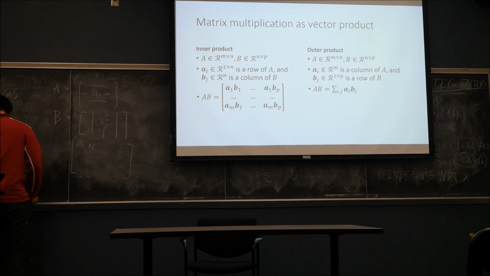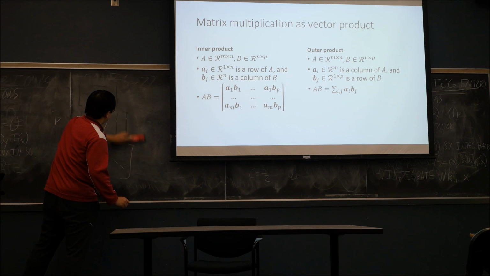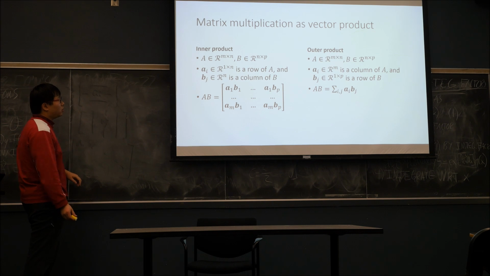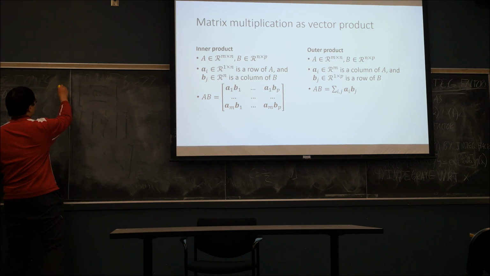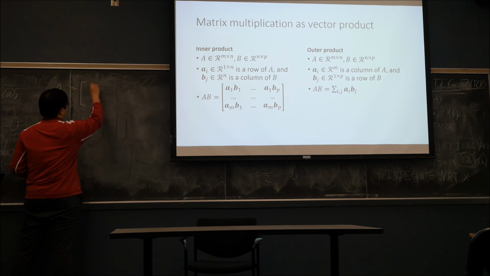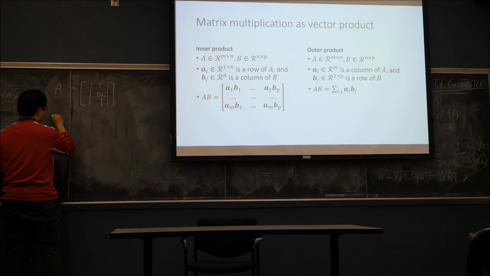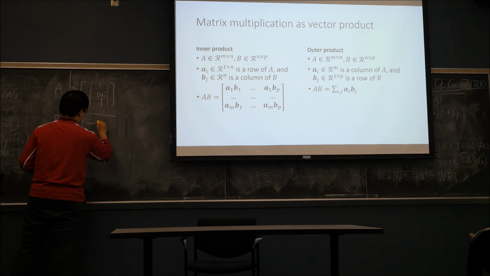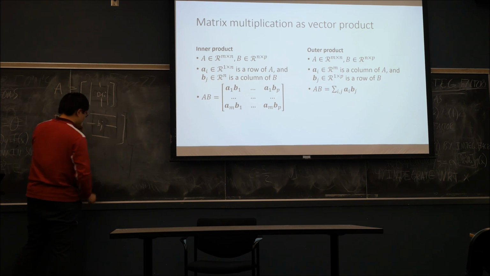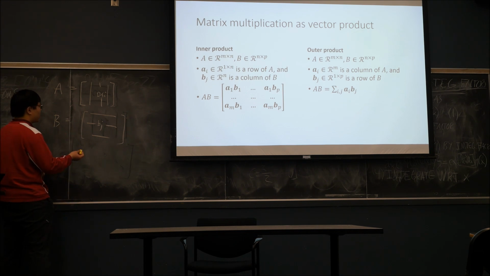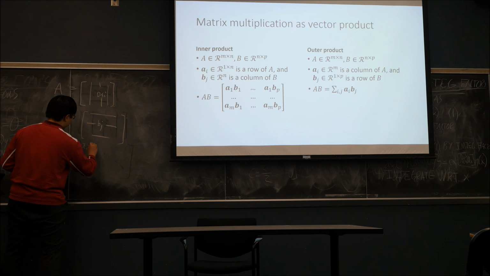For the outer product case, let's do A and B. We select one column vector from A and one row vector from B, and what we get is, for example, Ai times Bj.